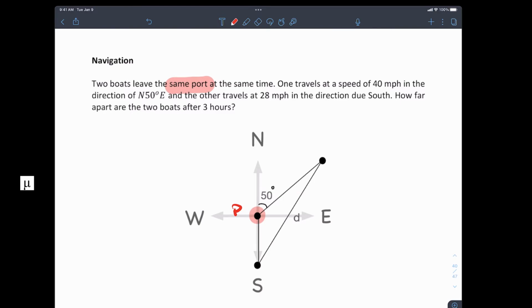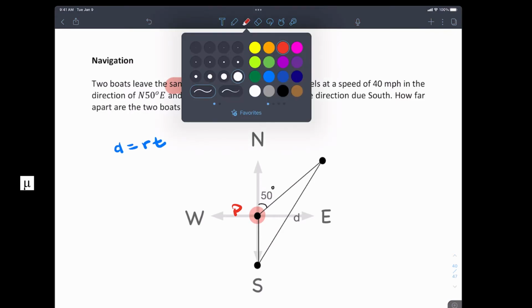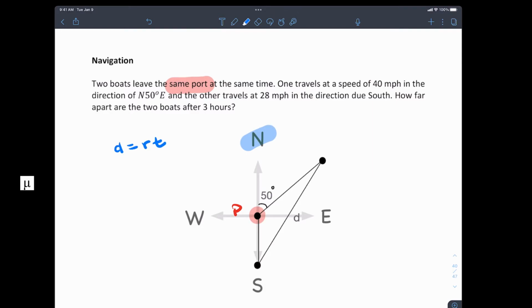One travels at a speed of 40 miles per hour. Distance is rate times time. In the direction of north 50 east. So we start where? North. We head east. There's that 50. So they're saying that this angle's 50.